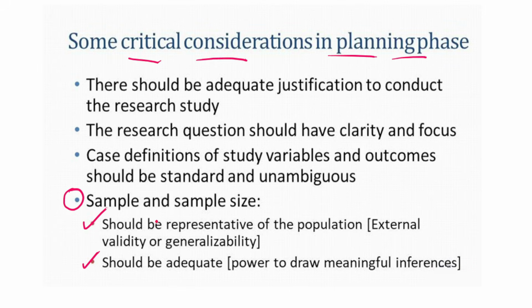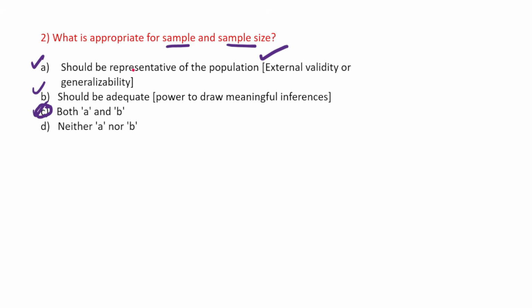A sample being representative of the population is called external validity or generalizability, and the second point is that it should be adequate, that means it should have the power to draw some meaningful inferences. So these two statements are correct, and both sentences are correct for our question.